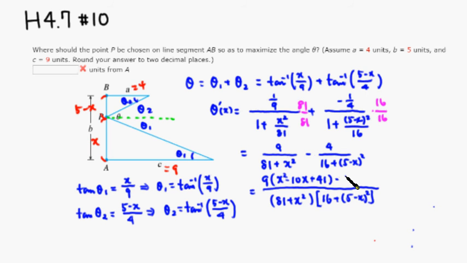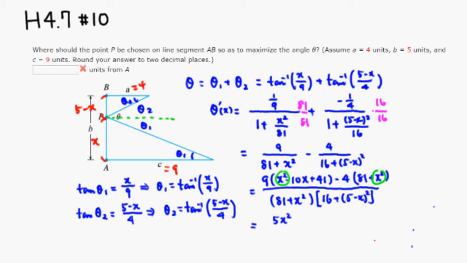Minus 4 times 81 plus x squared. Then we want to simplify as much as possible. We have 9x squared minus 4x squared, so that's going to be 5x squared.